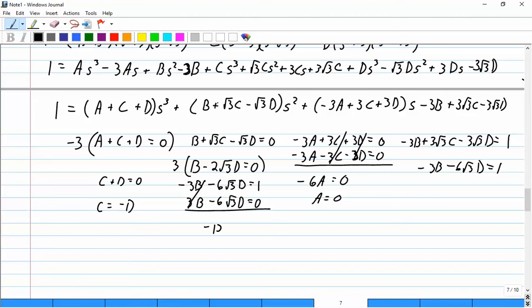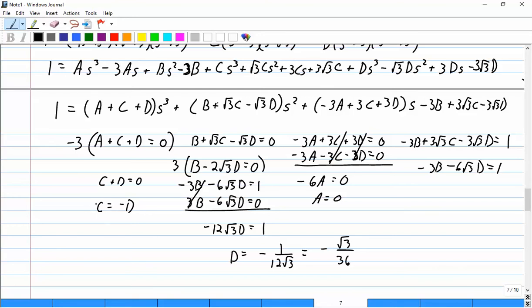And so that's negative 12 square root of 3d equals 1. So I get d equals negative 1 over 12 square roots of 3. Or you could write that as negative square root of 3 over 36. Either way is fine.